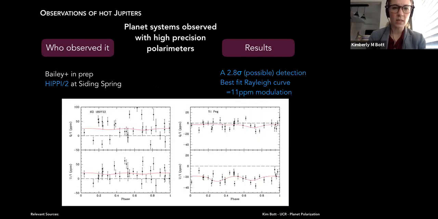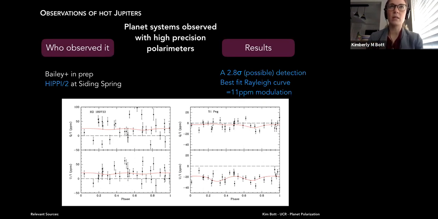Just to show what that data looks like, I have on the right here the 51 Peg data from the HIPPI campaign, and then on the left the quite noisy data for that kind of active star system, HD 189733.